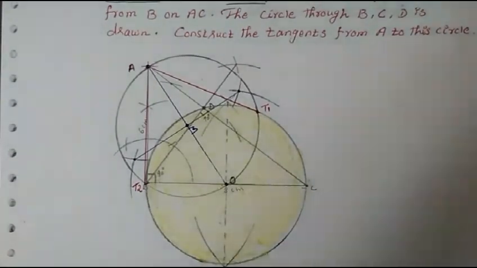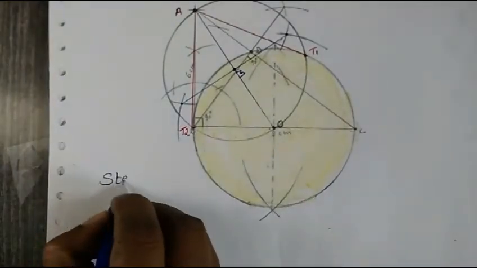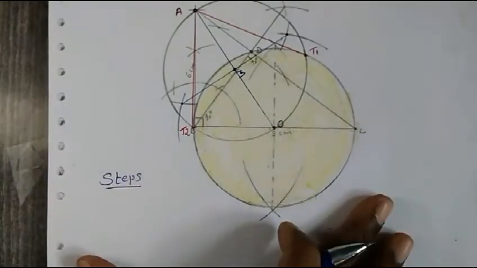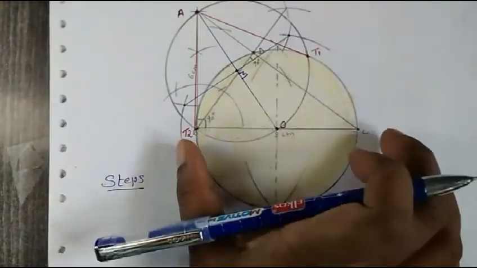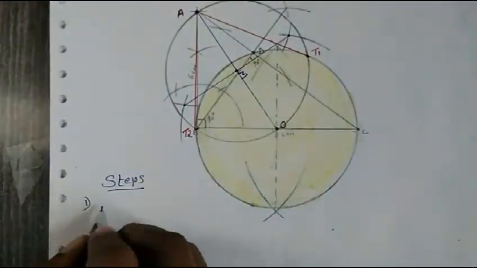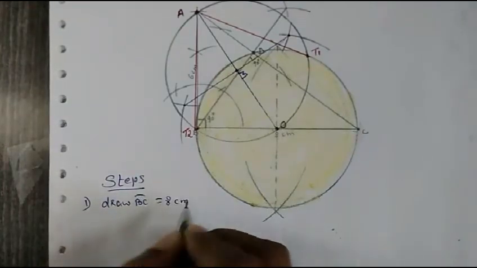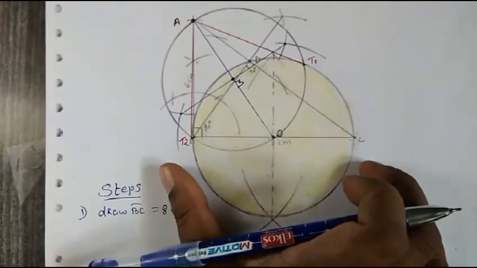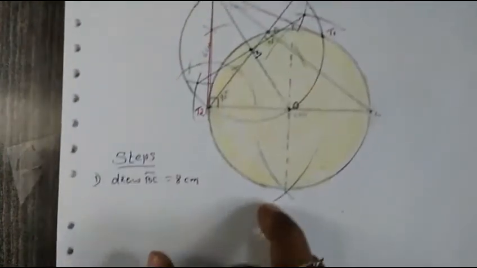Now all that you have to do is write the steps in your own words, exactly what we did. So first, we constructed BC of 8 centimeter. After that, we constructed angle B 90 degree.